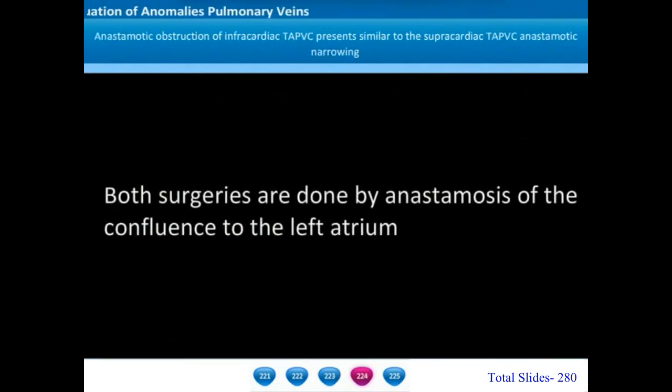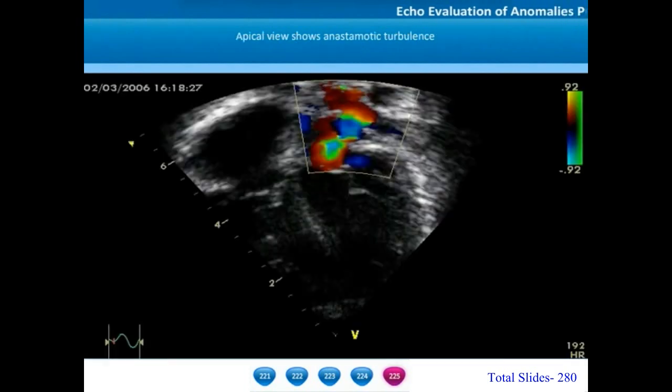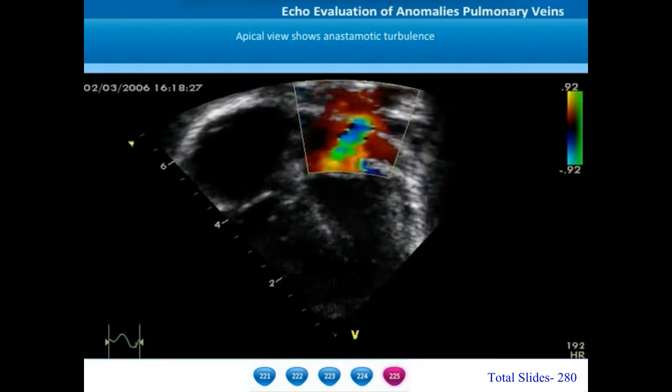Surgical repair of infracardiac TAPVC is exactly similar to the repair of supracardiac TAPVC. We have to anastomose the common chamber onto the posterior wall of the left atrium. Usually the anastomosis will be wide open and there will be unobstructed flow from the common chamber into the left atrium.